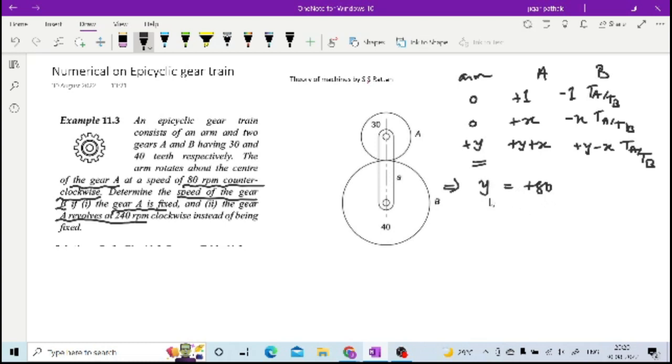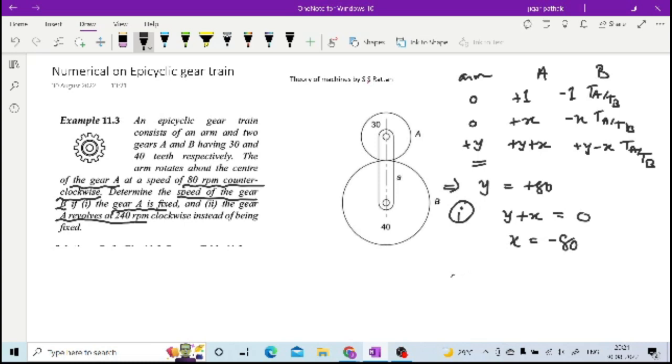So y is given as plus 80. Now in the first case, gear A is fixed, which is y plus x. So if y plus x is zero, and y is plus 80, then x is minus 80.